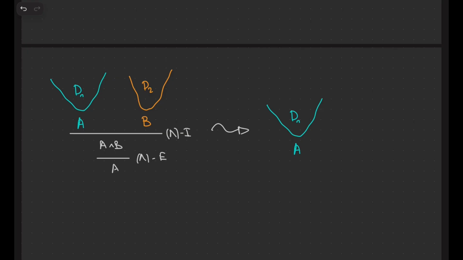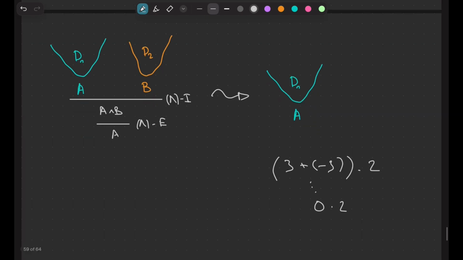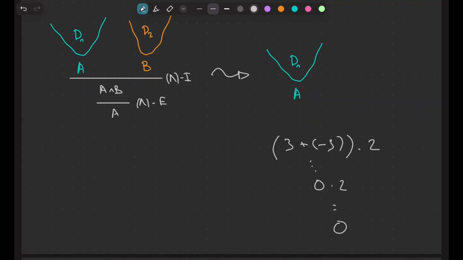And this is the thing that usually, when you see it in proof theory, you say this is completely silly because nobody would ever write a proof like that. I mean, no human would do that. But the idea is that you don't have control of what shows up during a computation. Like maybe after a lot of time, you end up with this thing times 2, and you do some calculations and end up with 0 times 2, and you say, okay, so this is actually equal to 0.